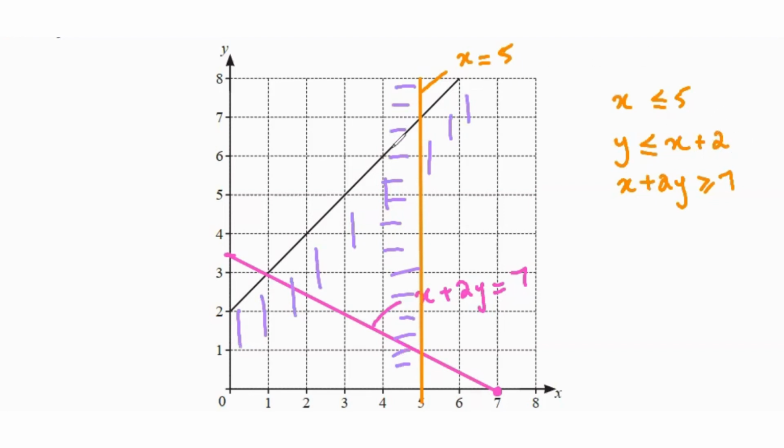And for x plus 2y greater than or equal to 7, it's obviously going to be above it. So the region that we're going to focus on, if we remove all of these extra lines, is this one in the middle. So that is R.